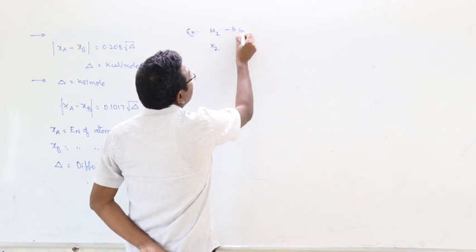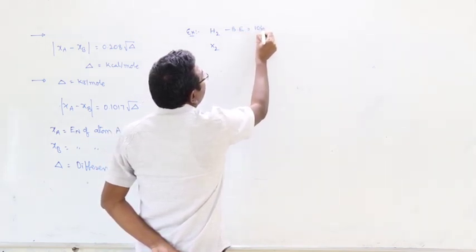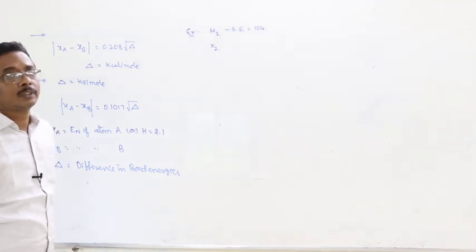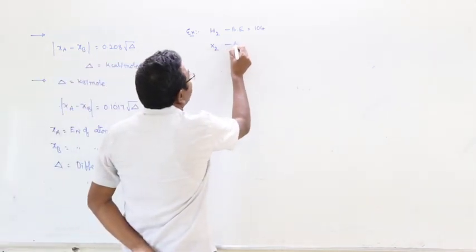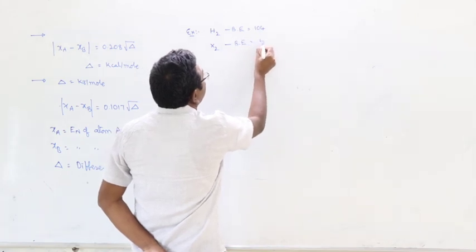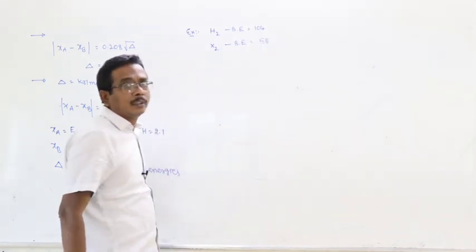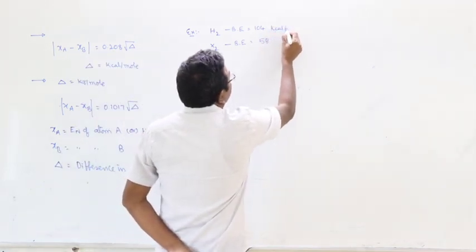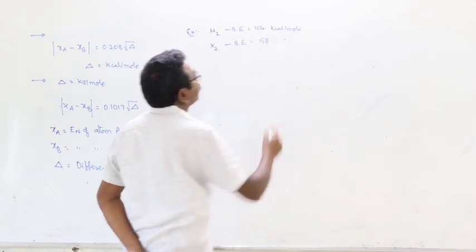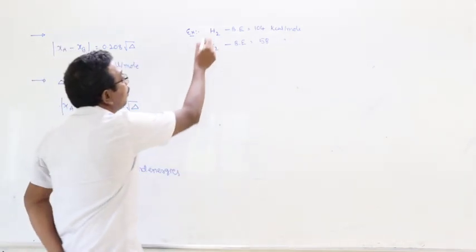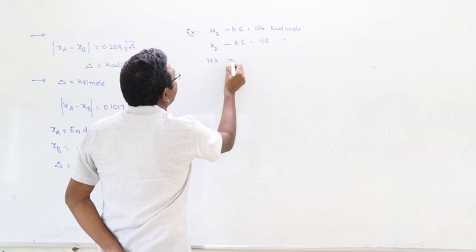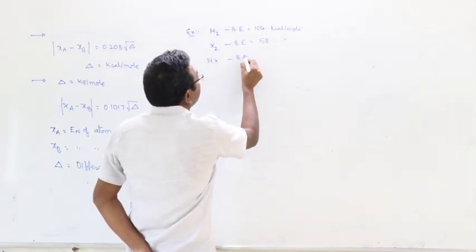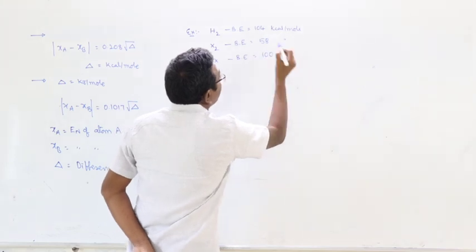Bond energy of hydrogen is equal to 104. And bond energy of X2 molecule is equal to 58 kilocalories per mole. And bond energy of HX molecule, that is experimentally calculated, is equal to 100 kilocalories per mole.